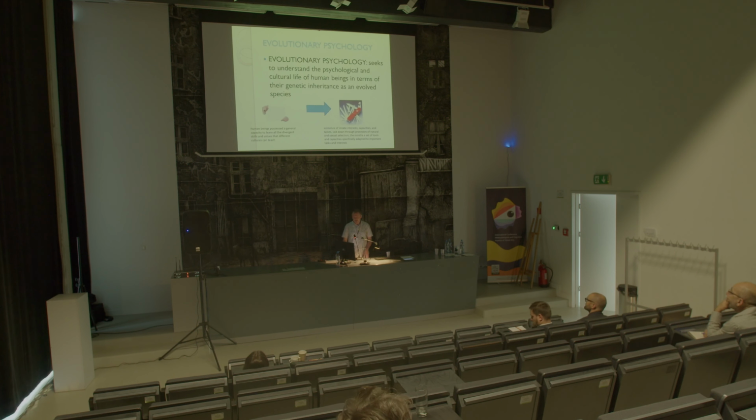So as I said before, evolutionary psychology is treated as a paradigm, especially because it brings these evolutionary findings and the Darwinian perspective into a psychological understanding of human nature, and it also tries to focus on genetic inheritance. And we have two different perspectives in the humanities.